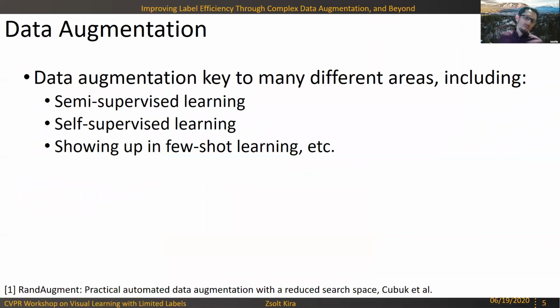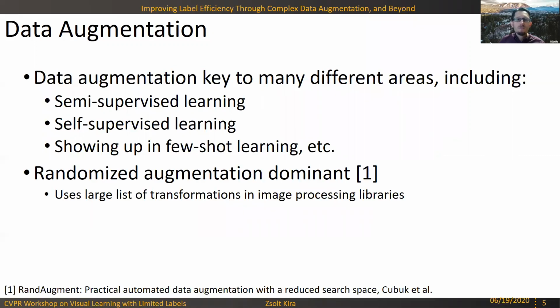In terms of data augmentation, obviously it's been a key method. We've known about it for a while, but it has really been pushed on for several machine learning settings, semi-supervised, self-supervised learning, and so on.